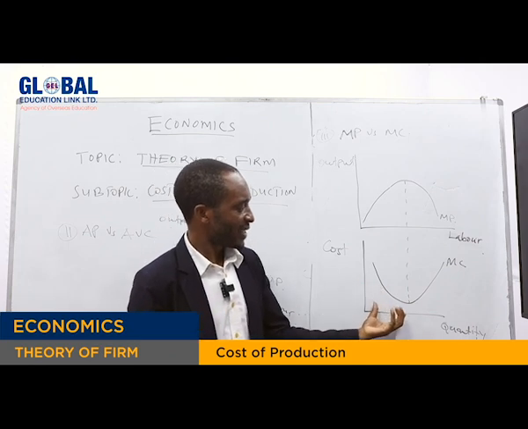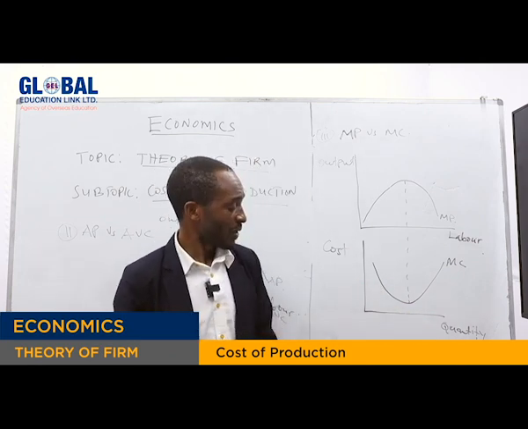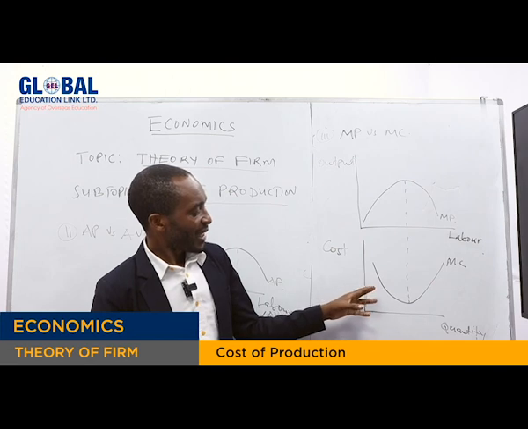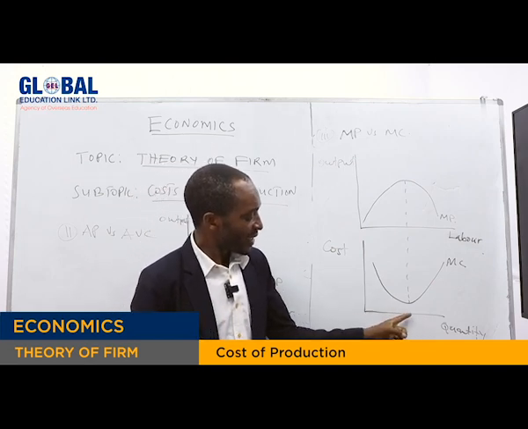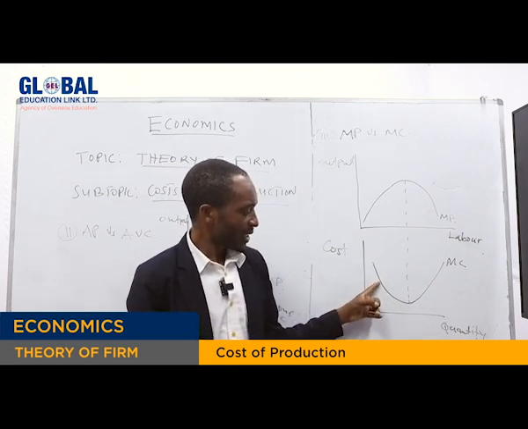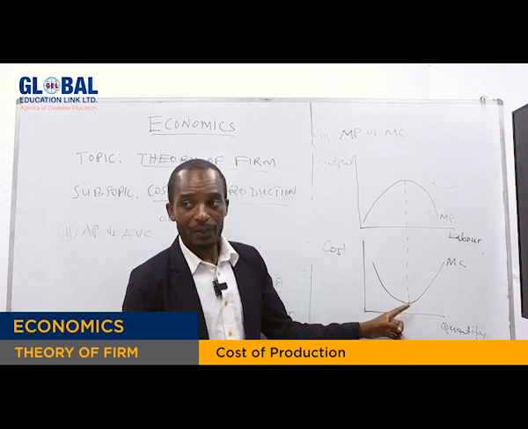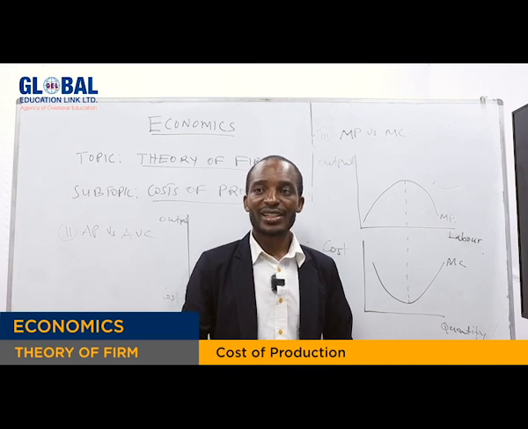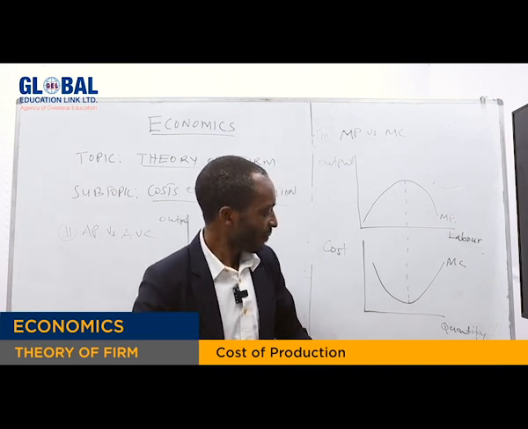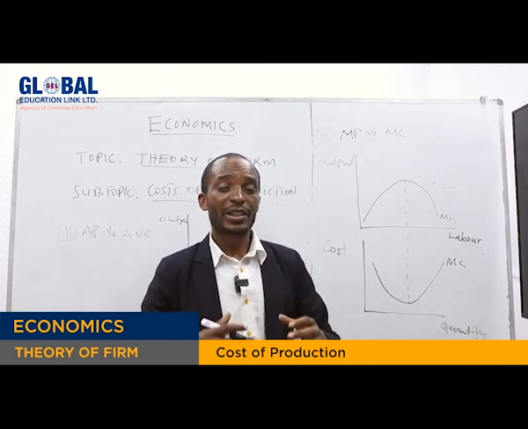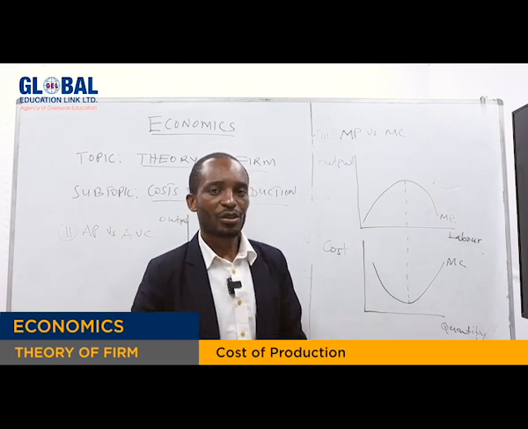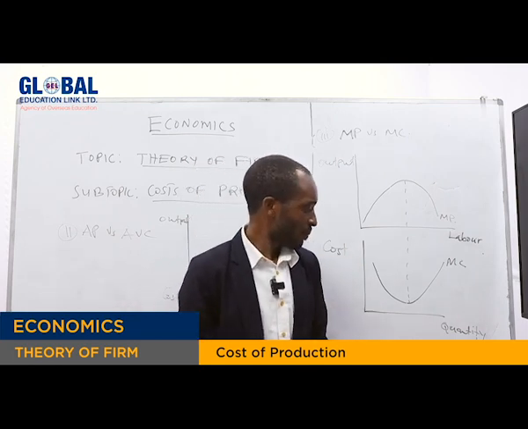So as the owner of a business, it is advantageous to increase the output since the cost is declining. And at this point, when the cost is at a minimum, it means you are getting maybe high profit, you are minimizing cost, or we can say you are maximizing profit.